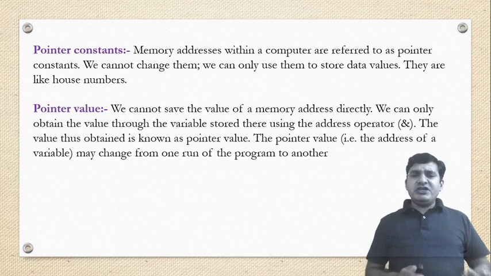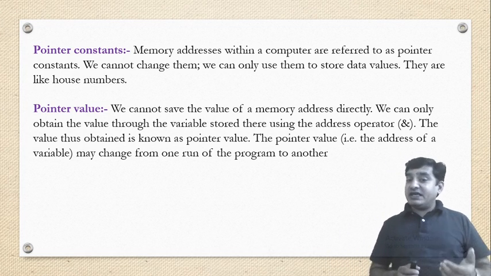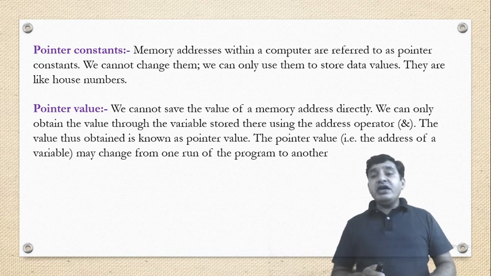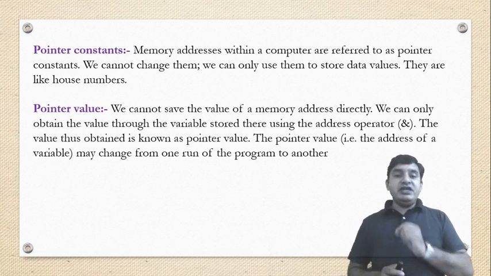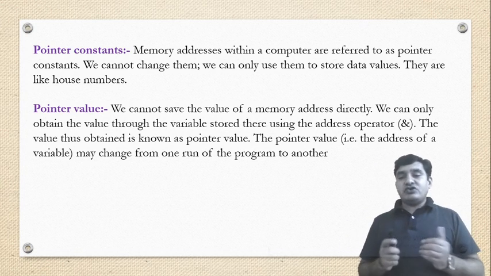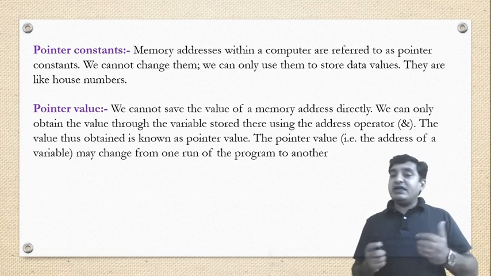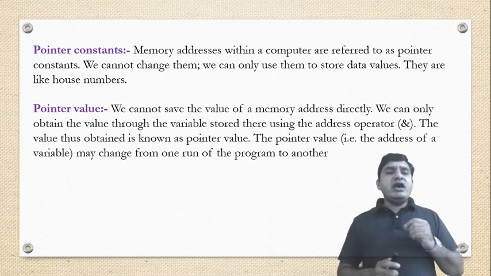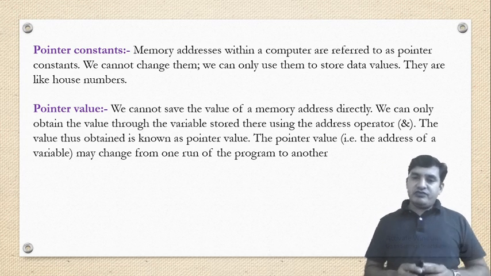Then a pointer value. We cannot save the value of a memory address directly. We can only obtain the value through the variable stored there using the address operator. We use ampersand as the address operator. The value thus obtained is known as a pointer value.